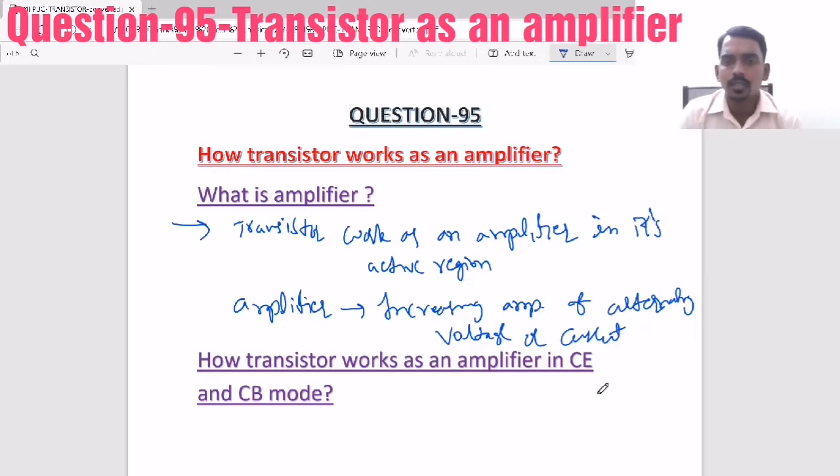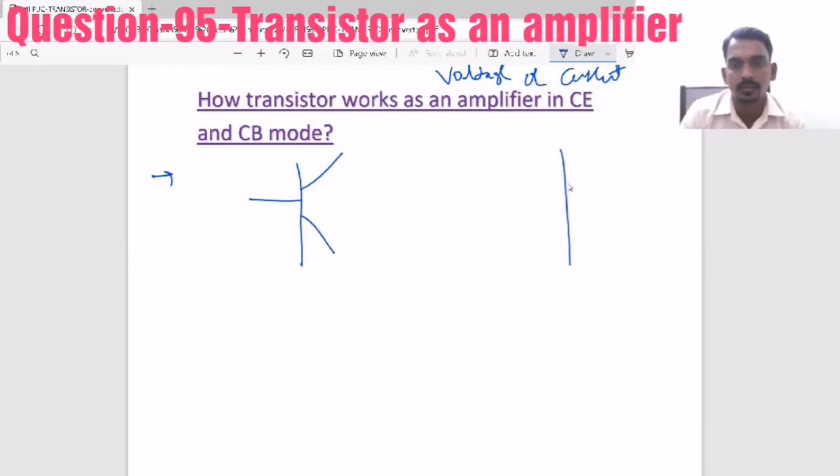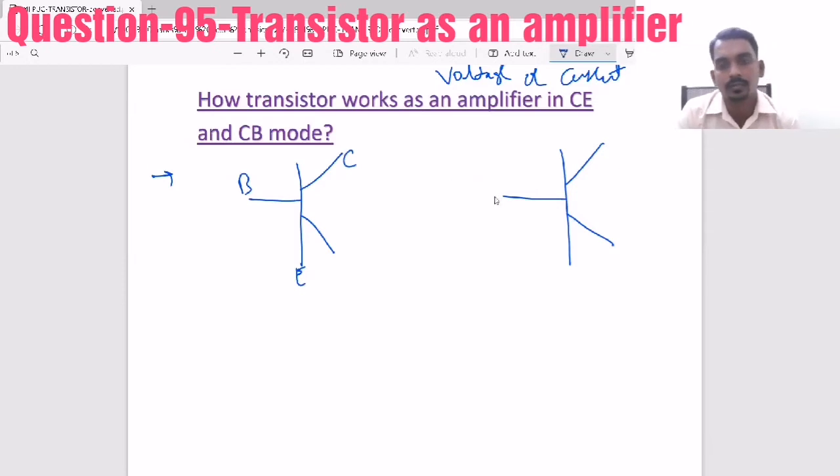Now here you need to understand what formulas are there, based on which questions will come. When you consider the transistor, one is common emitter, with base, emitter and collector.